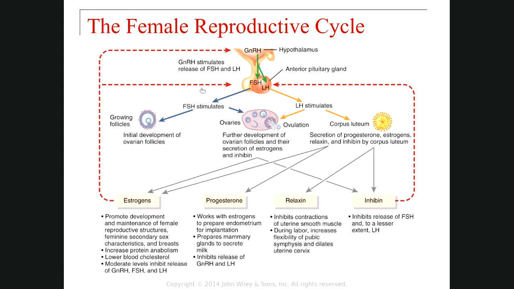A high level of progesterone inhibits secretion of GnRH and LH, and besides all of them, we have secretion of inhibin, which inhibits secretion of FSH, and to a lesser extent, secretion of LH. The inhibin is secreted by growing follicles and also by the corpus luteum.